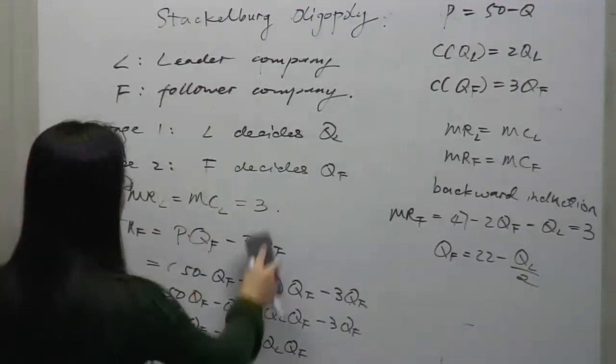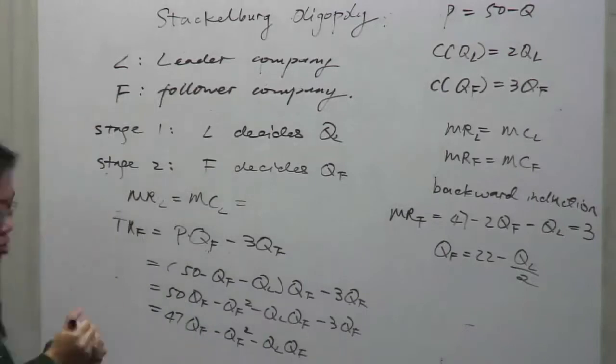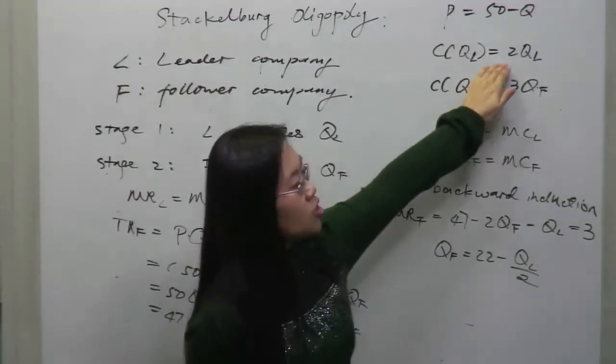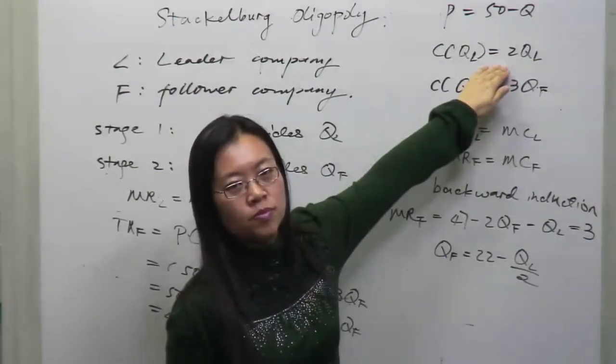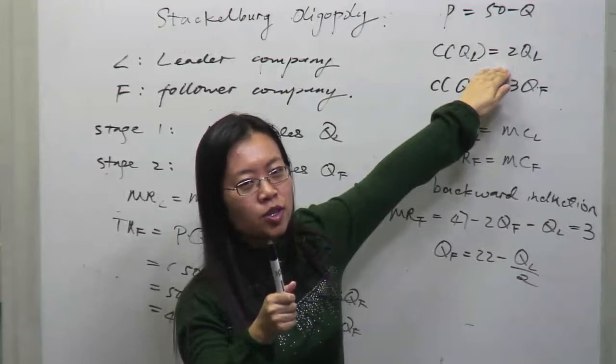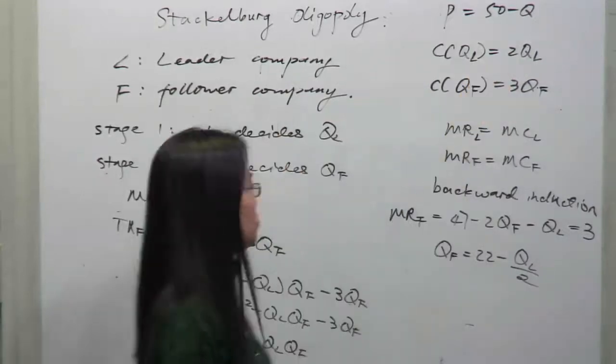Now for the leader, I'm going to ask again: what is the marginal cost for the leader? The leader's total cost function is right here. Two.